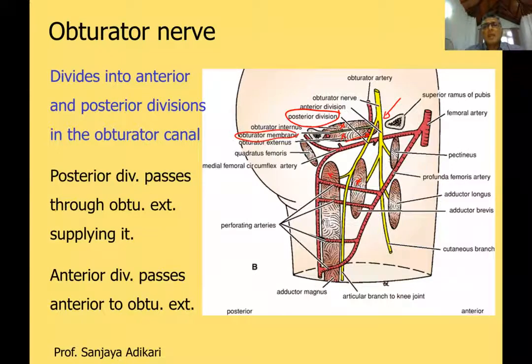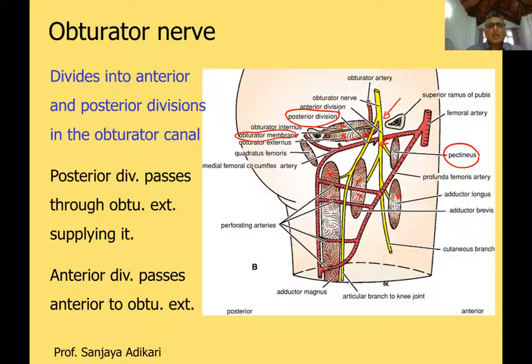On the other hand, the anterior division, this one, can supply the pectineus. I said that before, it can be supplied by the obturator nerve. Then it supplies the adductor longus and adductor brevis muscles. So if someone says that the adductor brevis lies between the two divisions of the obturator nerve, it's correct.